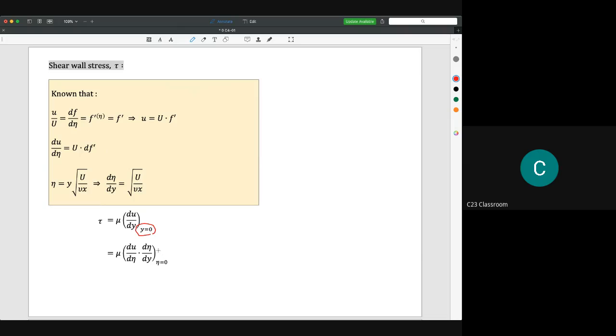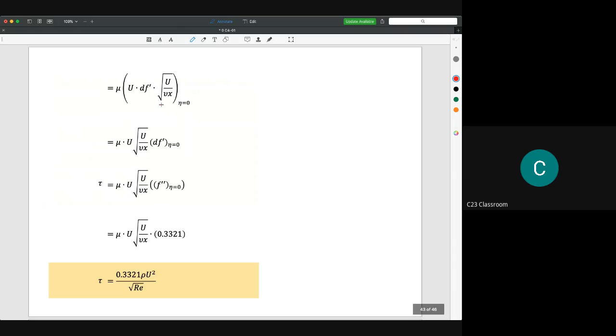Why do we do this? Because we actually have a problem solving du dy here. In Blasius we don't have exactly the u over U terms, so we need to do a little bit of modification. We write du d eta, and d eta dy, to get du dy, because we could cancel the d eta to get the du dy value.